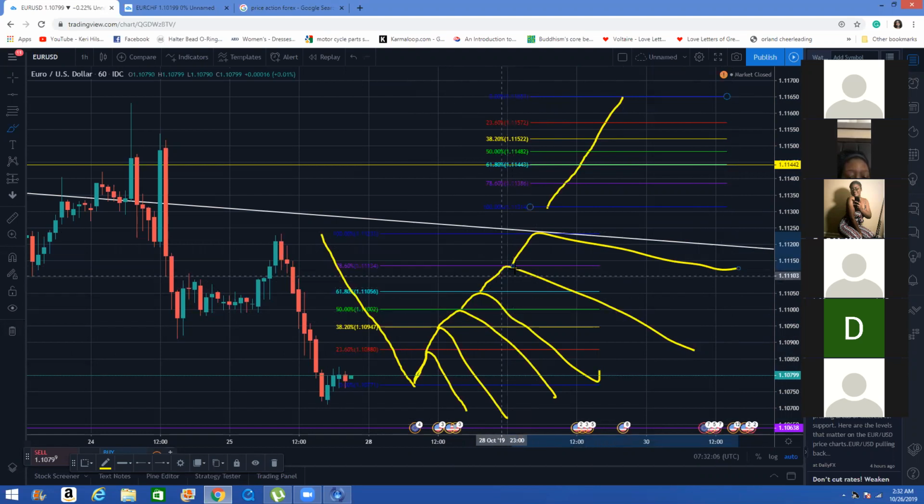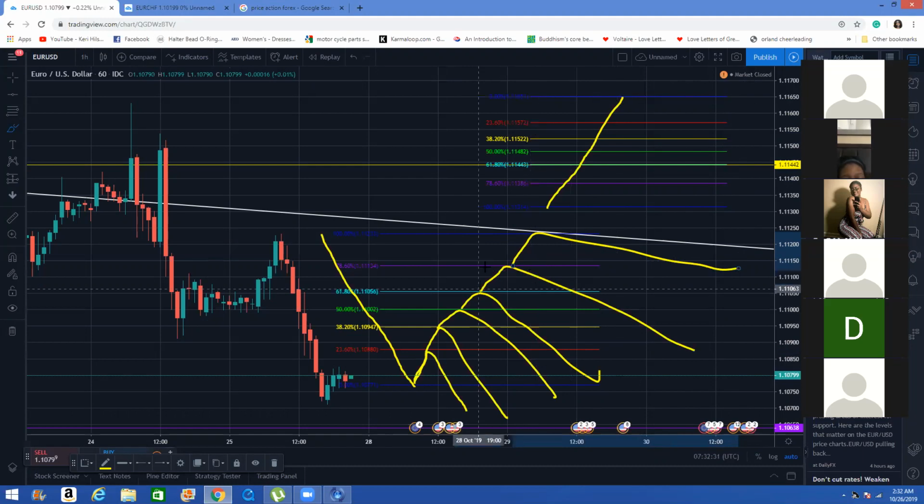And the reason why I mark these ones more sideways than these ones down here is because the farther back it pulls, the slower and longer it's gonna take for it to come back down. If it just bounces off something like the 23 or 38, it's usually gonna shoot back down. If it goes to like 78, it's gonna take longer to do its thing.